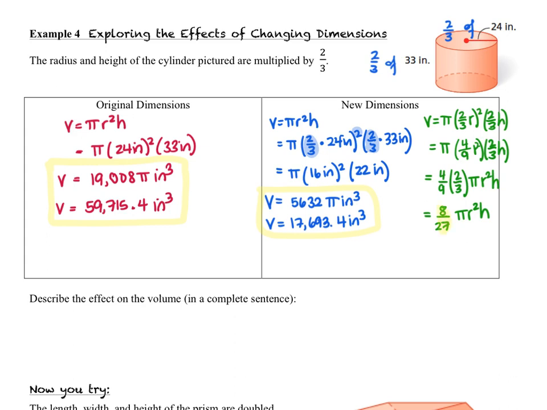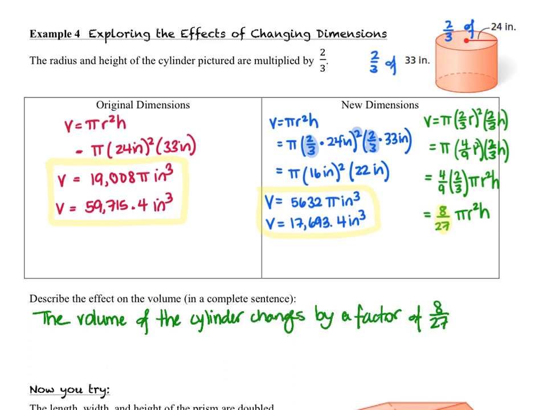So in the next question, when we describe the effect on the volume in a complete sentence, that's exactly what we're going to say. The volume of the cylinder changes by a factor of 8/27 when the radius and height are reduced by 1/3.